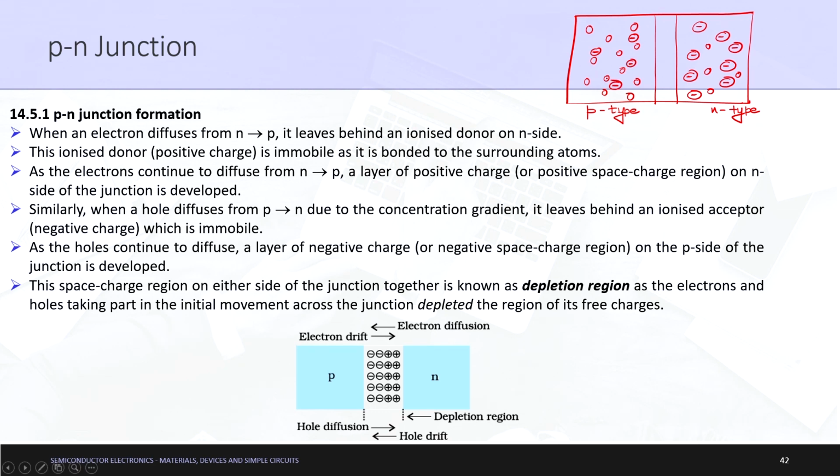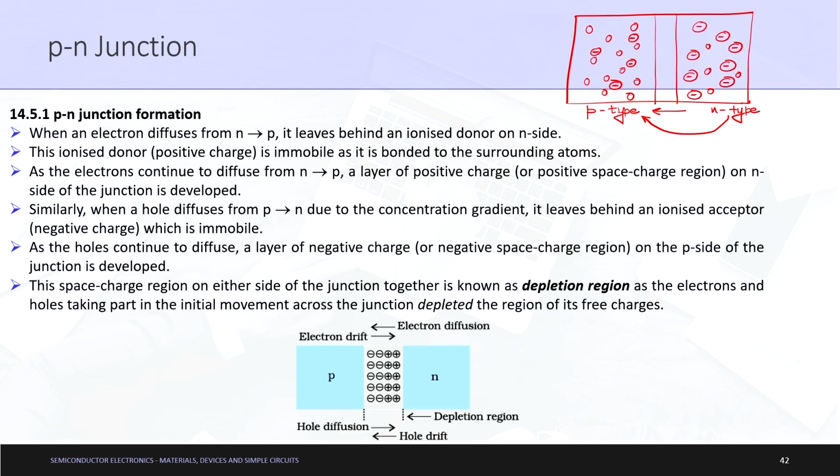Okay. Now let us understand again. What is written here? When an electron diffuses from n to p, it is quite evident electrons will diffuse from n to p only. So this will be the direction of diffusion of electrons. It leaves behind an ionized donor on the n side. Okay. So if the electrons are being removed, then it leaves an ionized donor, as in something which can donate.